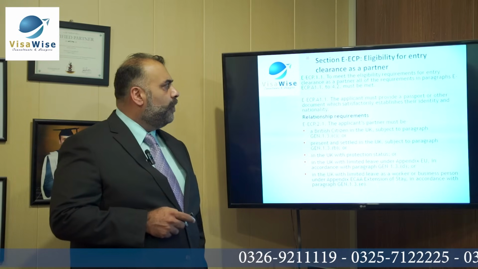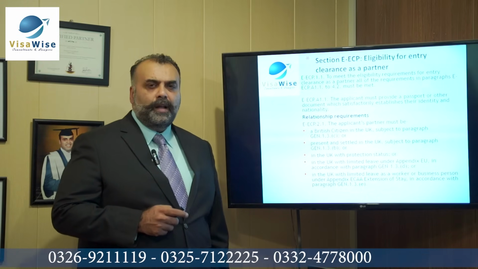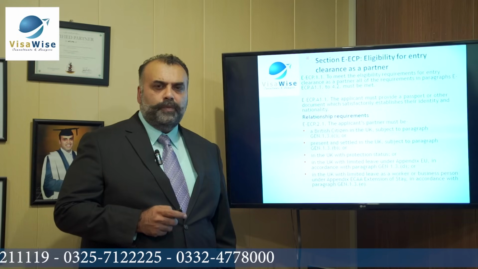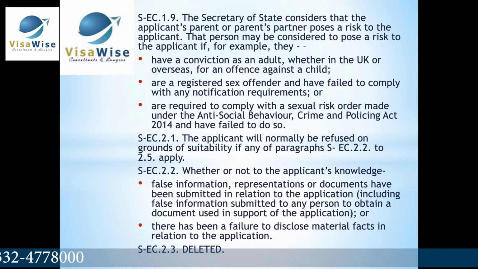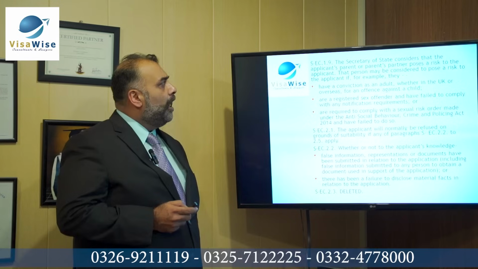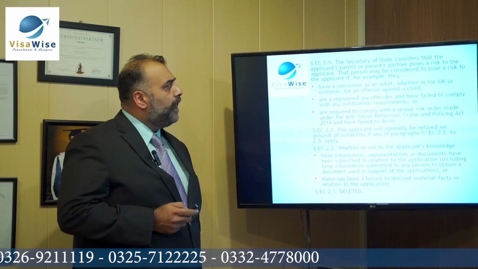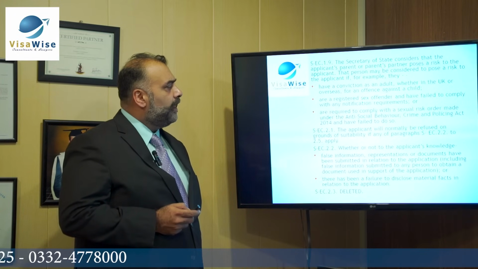So let's have a look at the eligibility requirements for spouse visa applications from the country of residence or the country of nationality. And then section S-EC 1.9 states that the Secretary of State considers that the applicant's parent or parent's partner poses a risk to the applicant.